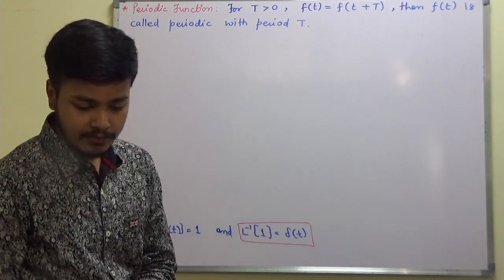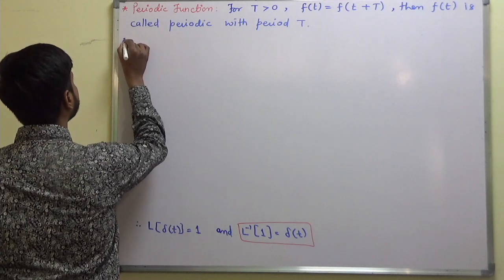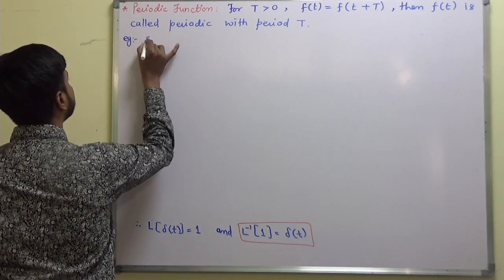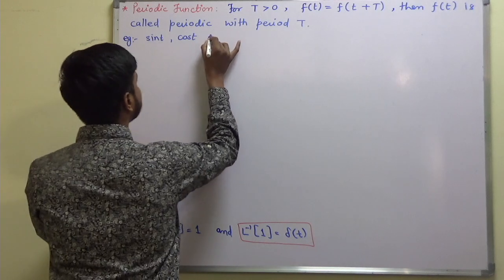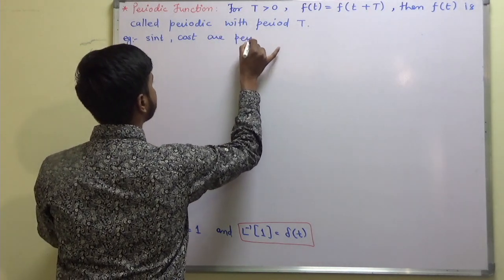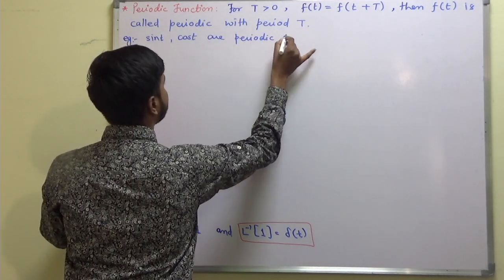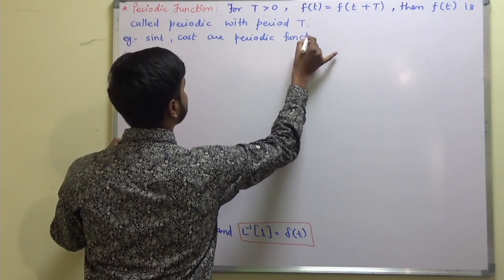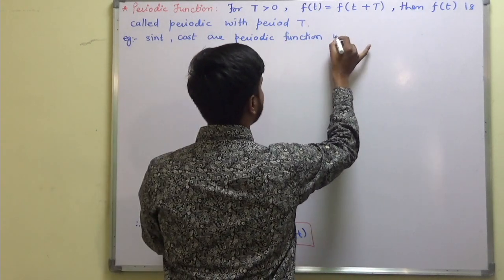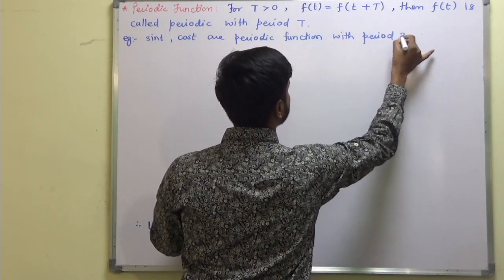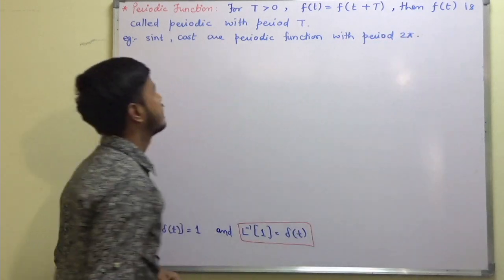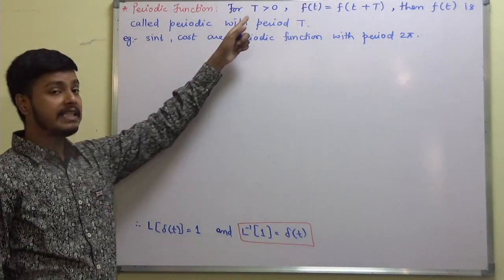For example, sin t and cos t are periodic functions with period 2 pi. So we have to take the least value.